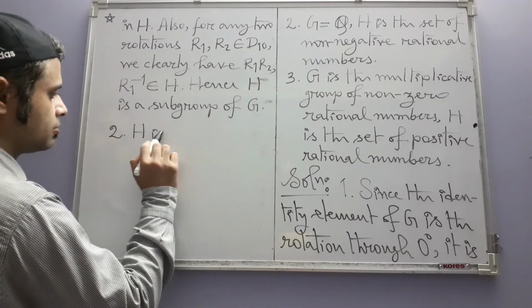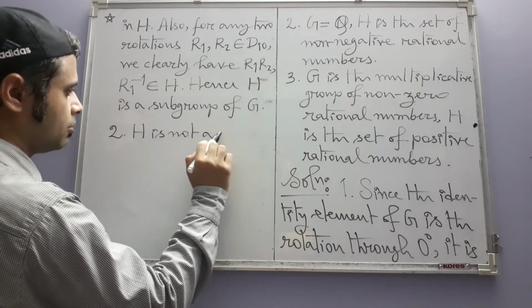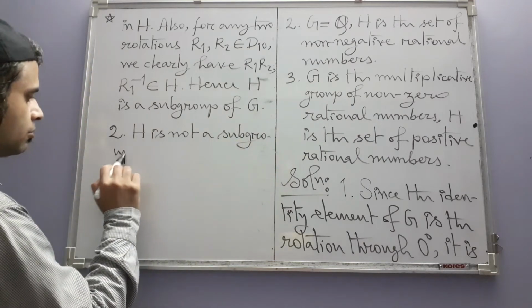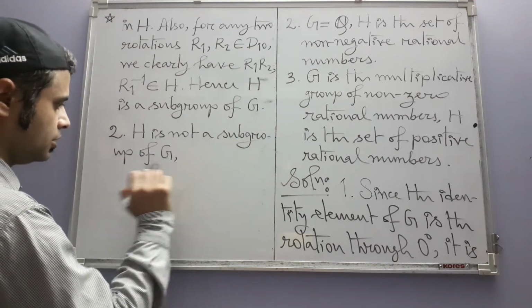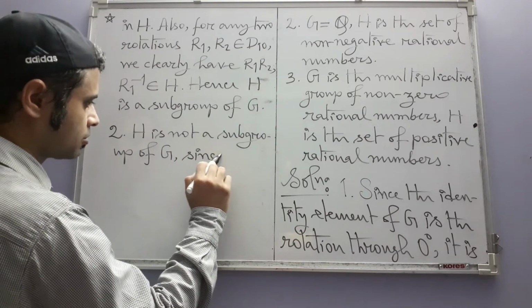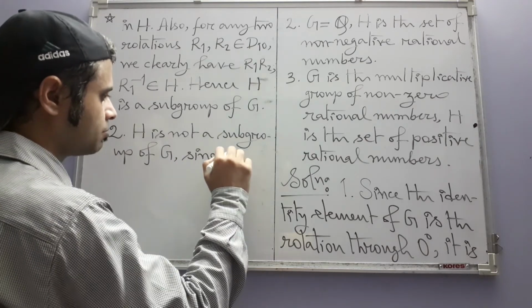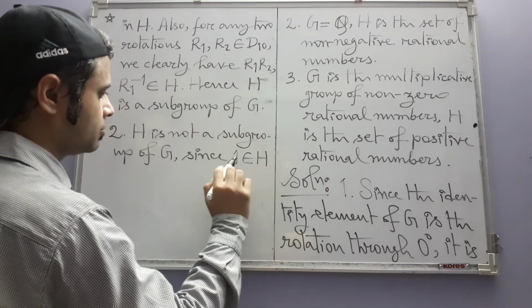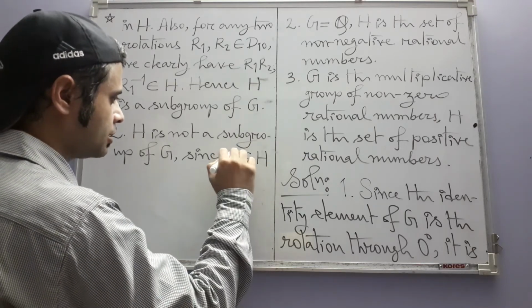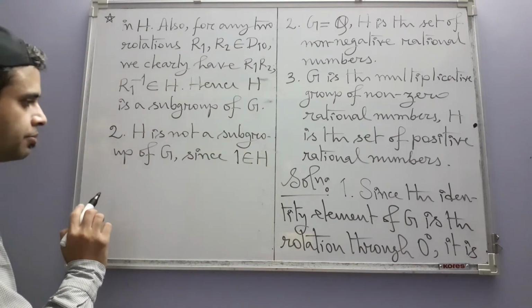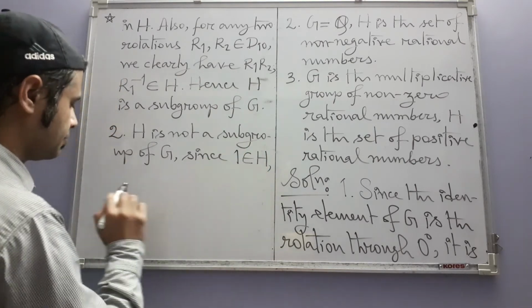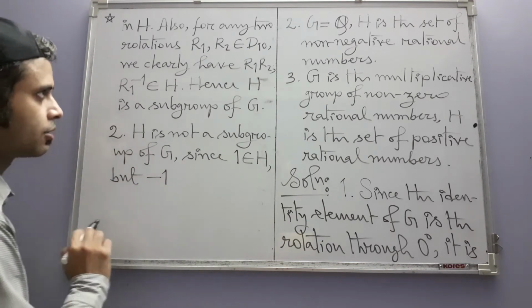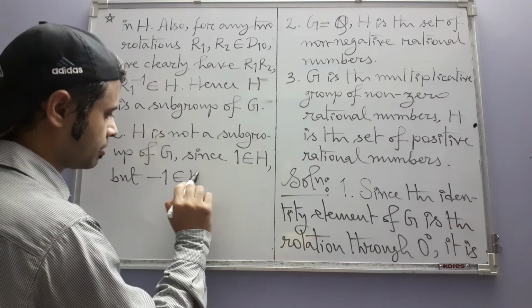H is not a subgroup of G, since for example 1 belongs to H. 1 is a positive integer, so it is also a positive rational number, but its inverse, which is -1, does not belong to H because it's a negative rational number.